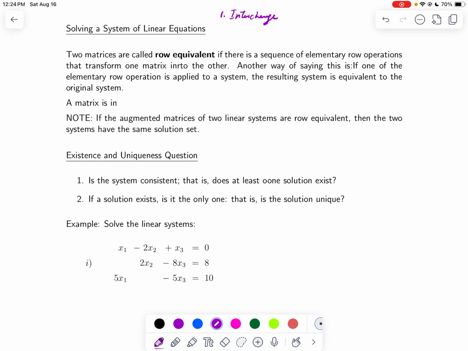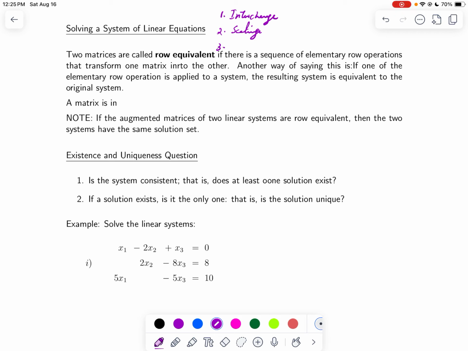So whatever is required. The second thing was scaling. Scaling means you can multiply a row by any non-zero constant. You are not allowed to multiply by 0, but you can multiply by any other number: negative, positive, fraction, decimal, anything.